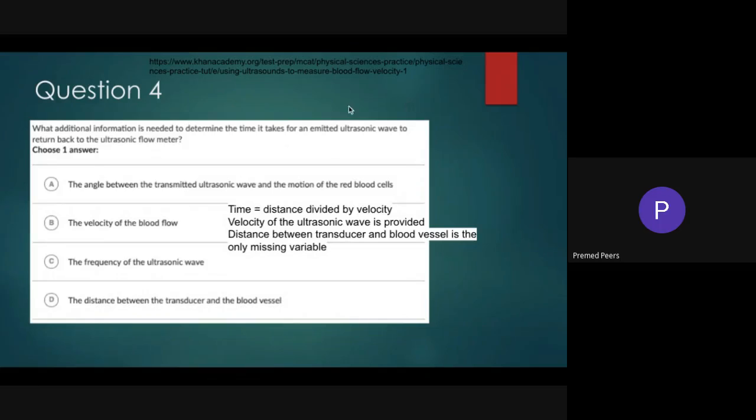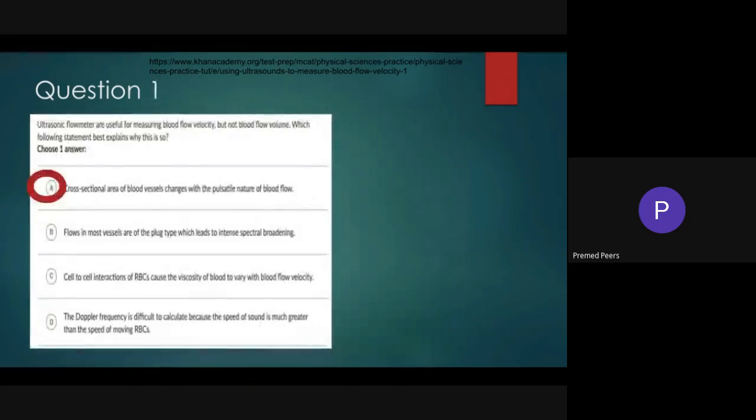So question 4, what additional information is needed to determine the time it takes for an emitted ultrasound to return back to the ultrasonic flow meter? So I have up here time equals distance divided by velocity. Velocity of the ultrasonic wave is provided. Is it provided?